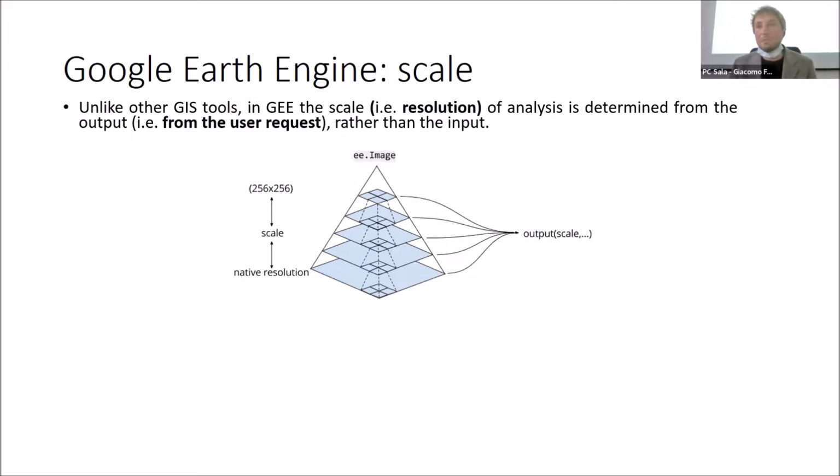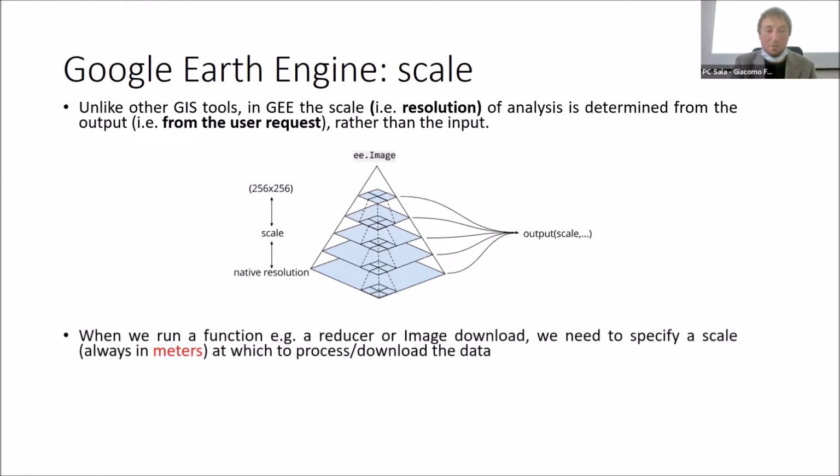This scale parameter is the spatial resolution at which I would like the calculations to be made. For instance, when I apply a reducer, as I was explaining before, if I calculate the mean temperature over Italy for a raster, an image, I can ask Google Earth Engine to perform this operation at different scales, so at different levels of detail, let's say.